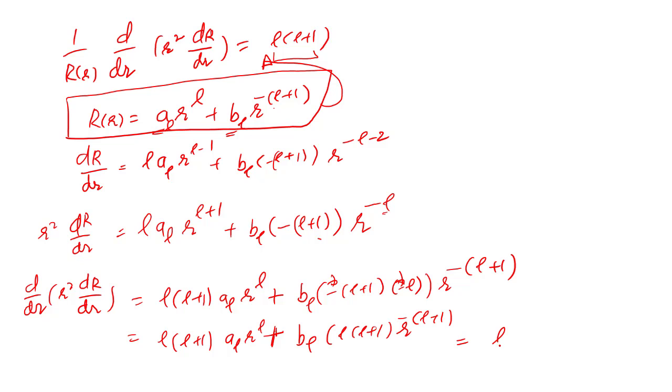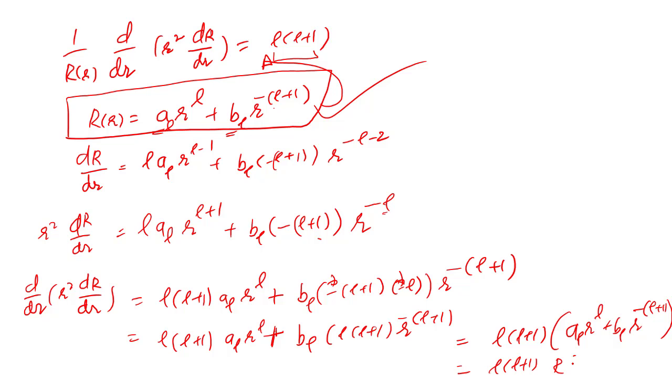So if I pull out L into L plus 1 as a common factor, I get AL r to the power L plus BL r to the power minus L plus 1, and that's what we started with. So this is equal to L of L plus 1 into R of r. So this is indeed a solution to this equation, right?